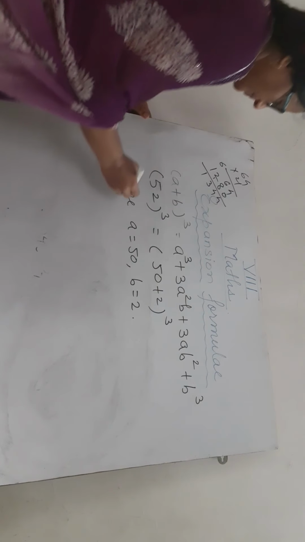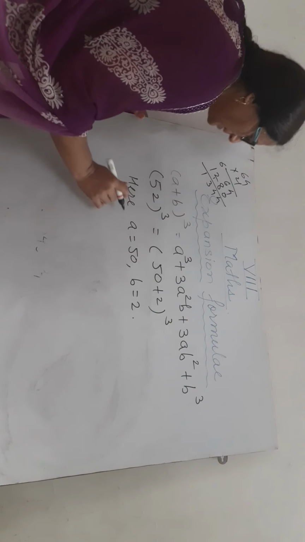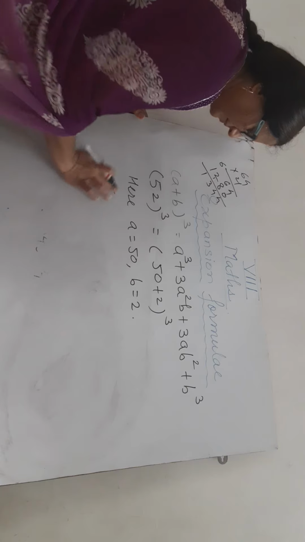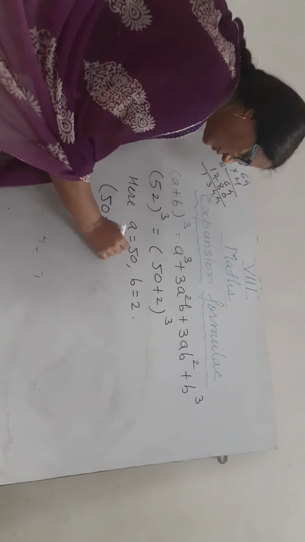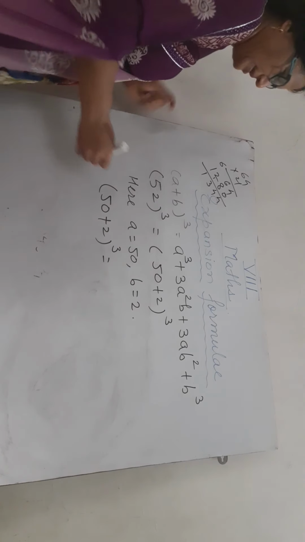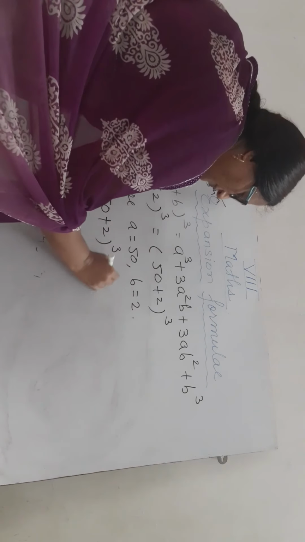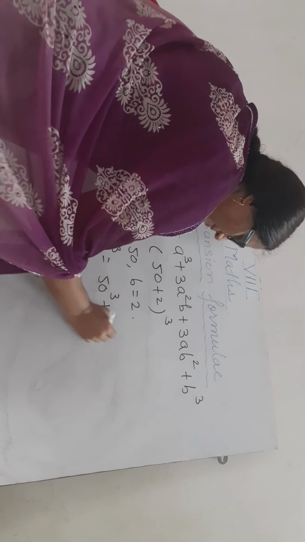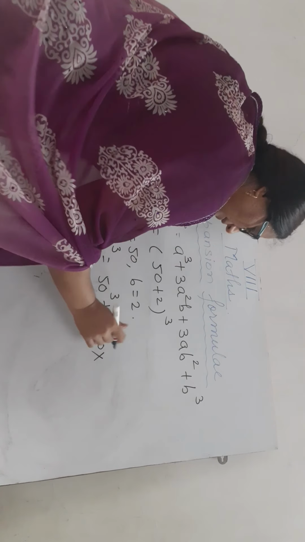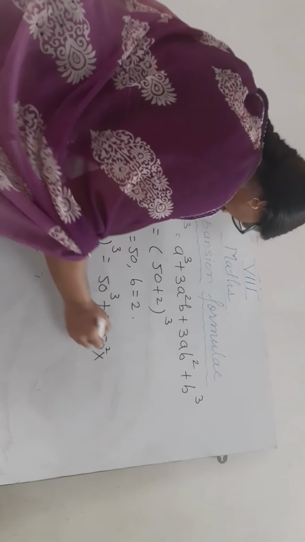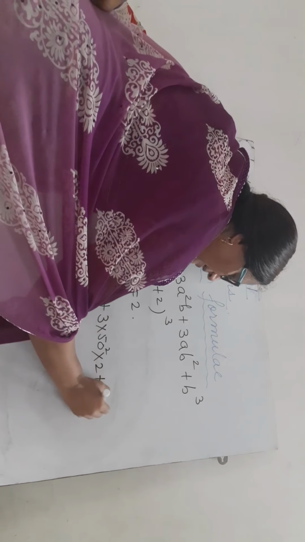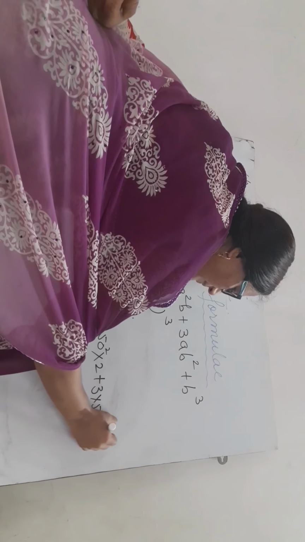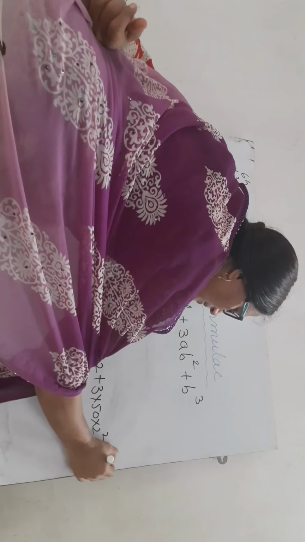Again formula (A plus B) whole cube means here (50 plus 2) whole cube is equal to A cube means 50 cube plus thrice A square B, B means 2, plus thrice A B square plus B cube.